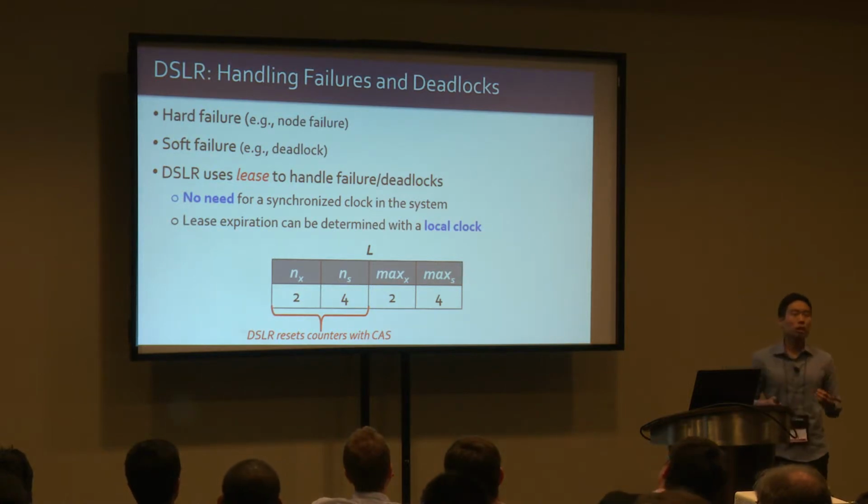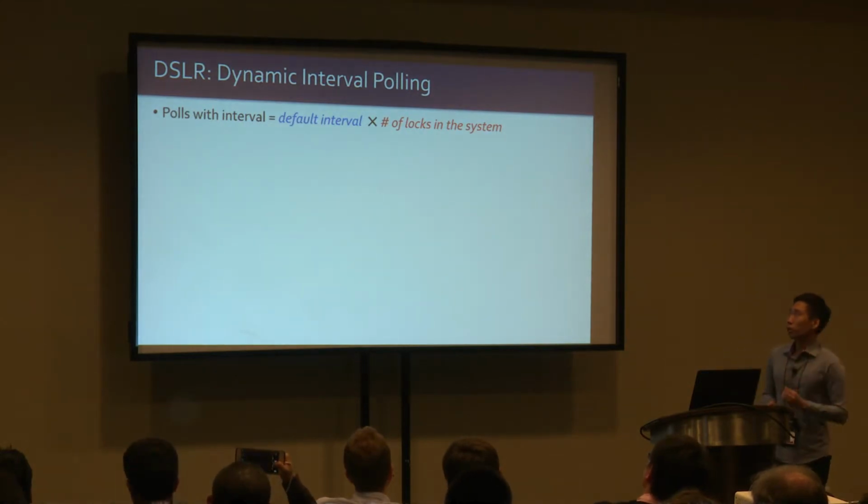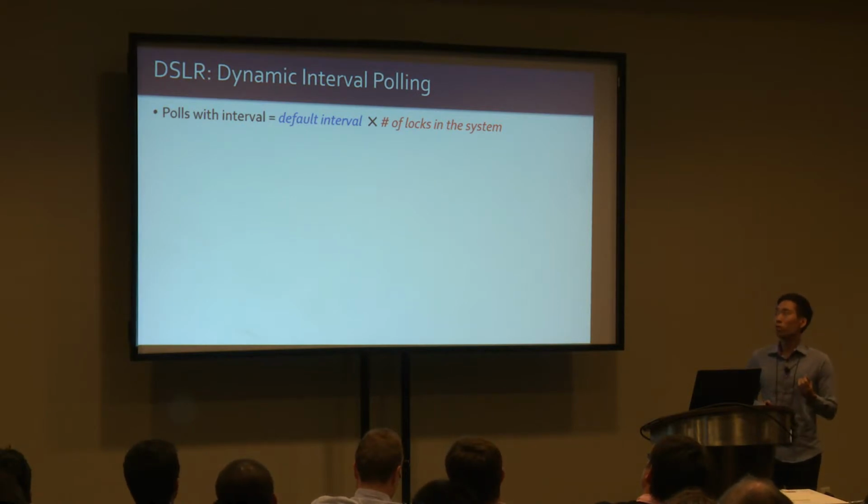So how does DSLR check these counter values efficiently? As I mentioned, DSLR uses a technique called dynamic interval polling. Basically, it polls an object value with an interval equal to the default interval times the number of locks in the system.